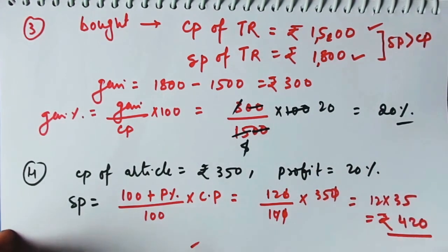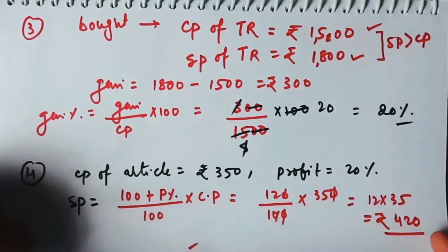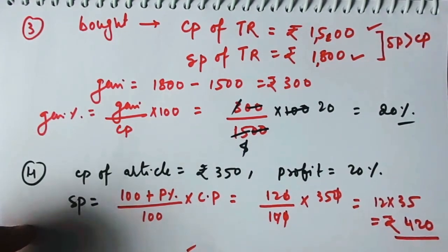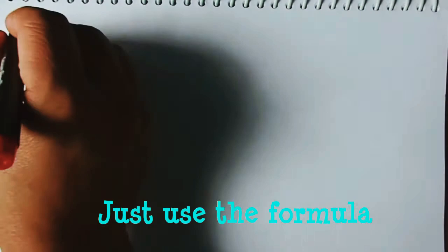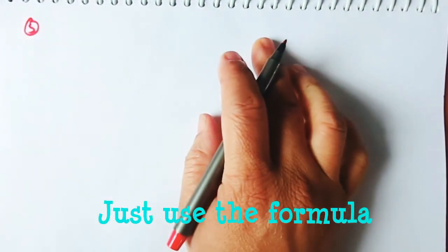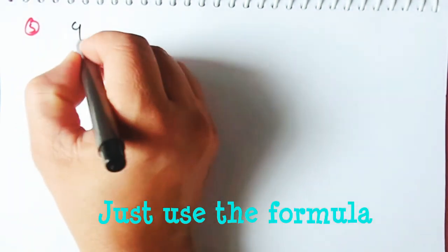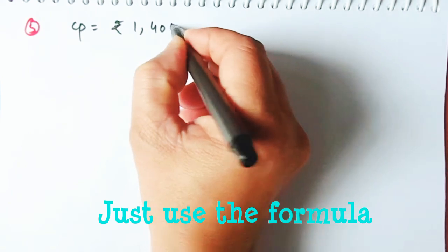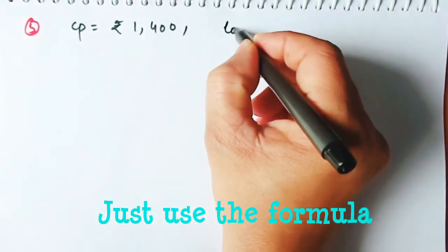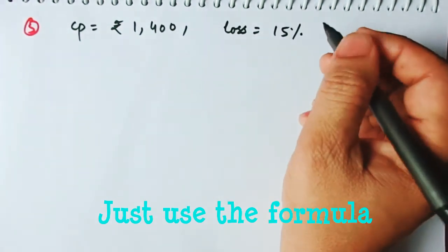Let's move ahead. An old machine is bought for this much and sold at a loss of 15%. Number 5. What does number 5 say? Number 5 talks about an old machine bought for rupees 1400, and the loss incurred is equal to 15%, given in percentage.